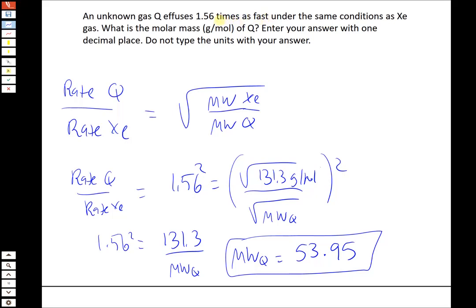And so if it's effusing 1.56 times faster, then that means it has to be lighter in terms of its molar mass. And so we get a number that's smaller, and this is the math that we do to get that. So we're talking about rates of effusion. It's going to be an inverse relationship.